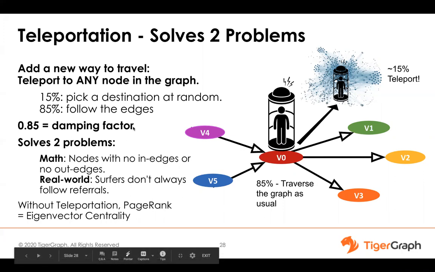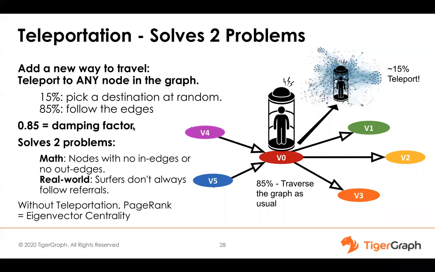The overall probability that you observe the graph and follow the edges is called the damping factor. And the probability that you teleport is the inverse. So 85% probability that you follow the edges, 15% that you teleport and pick a destination at random. You could go to any of these.